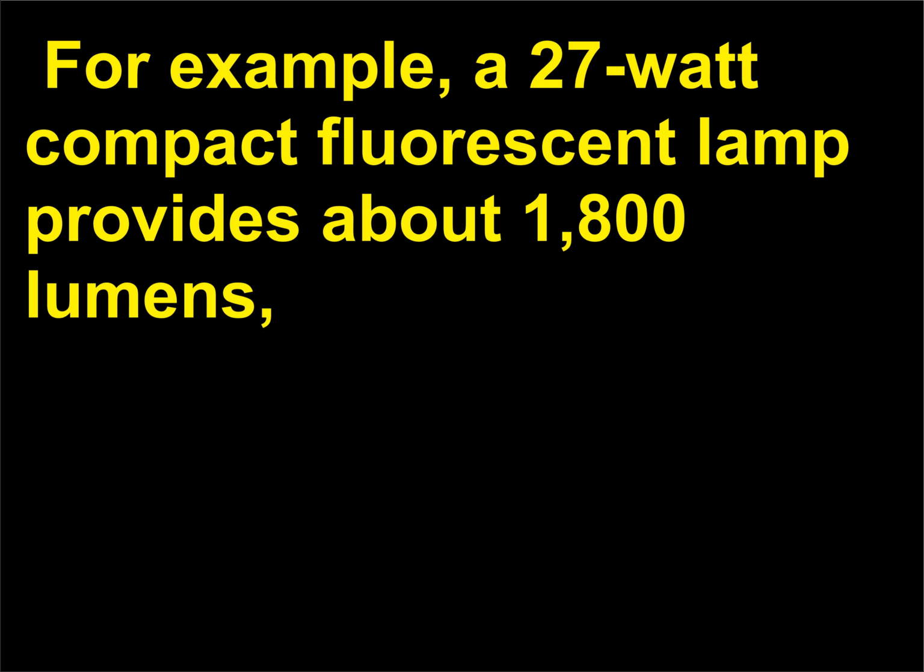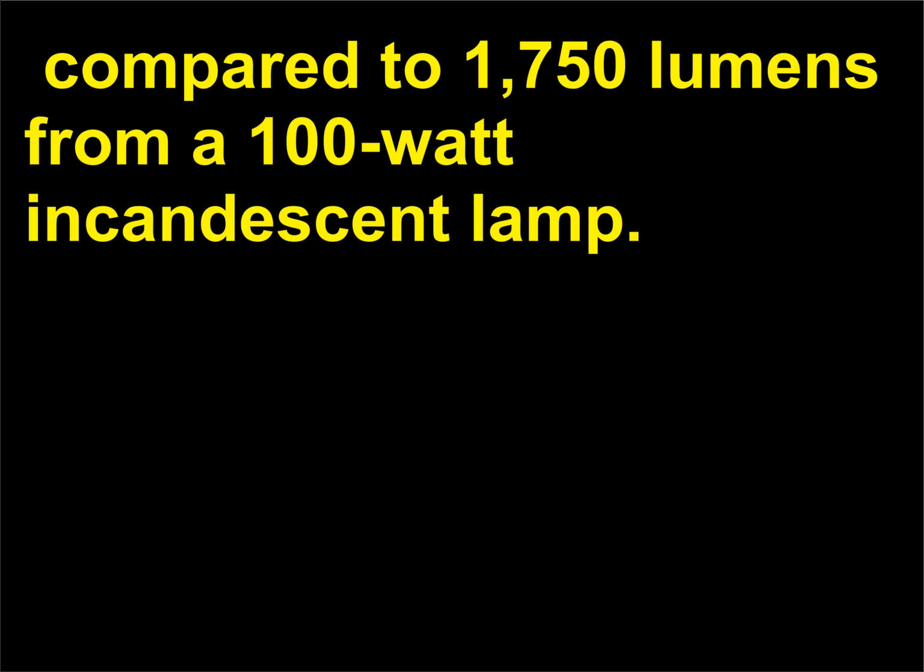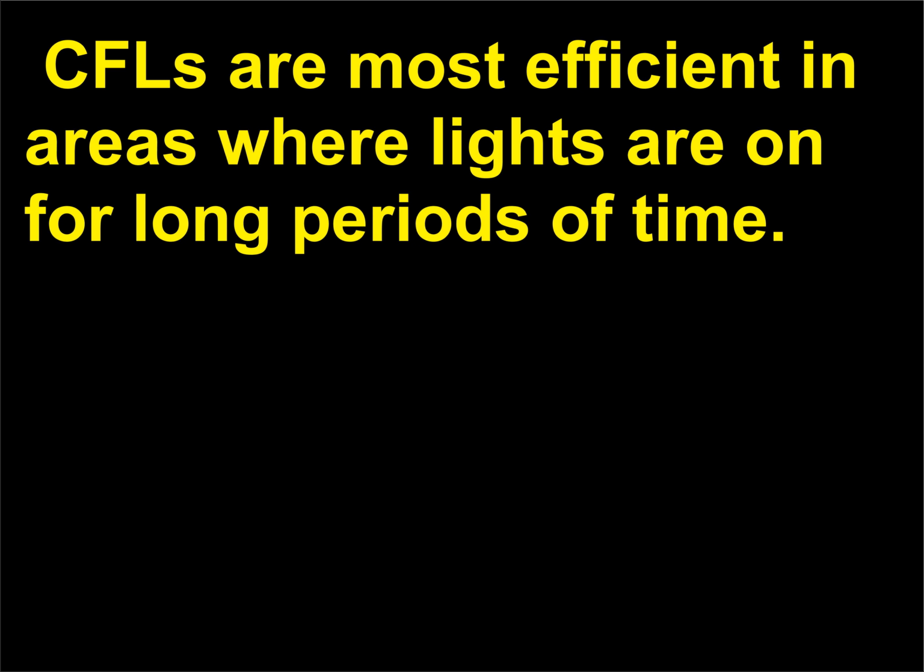For example, a 27-watt compact fluorescent lamp provides about 1,800 lumens, compared to 1,750 lumens from a 100-watt incandescent lamp. CFLs are most efficient in areas where lights are on for long periods of time.